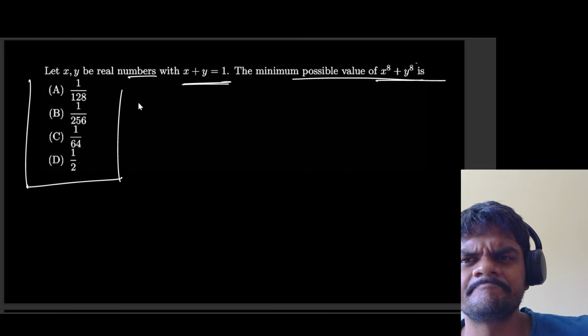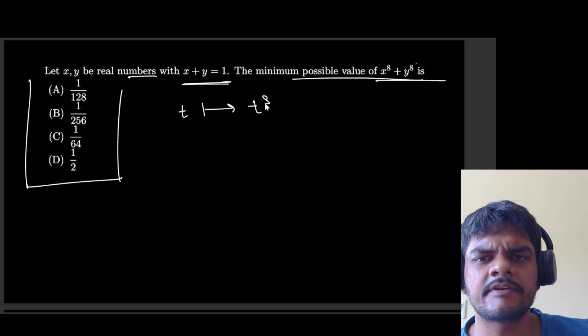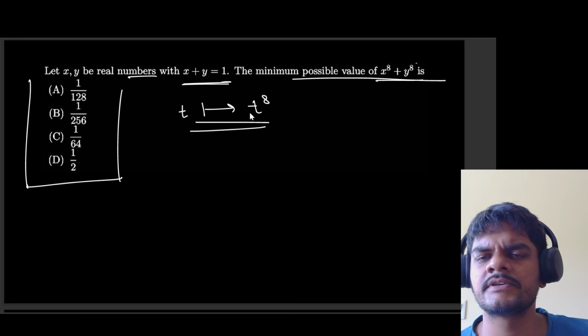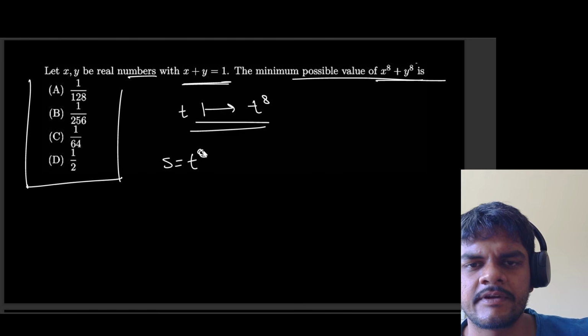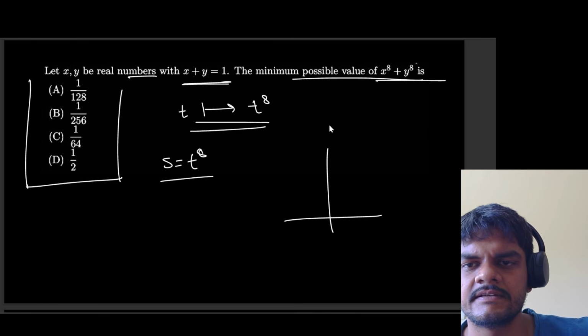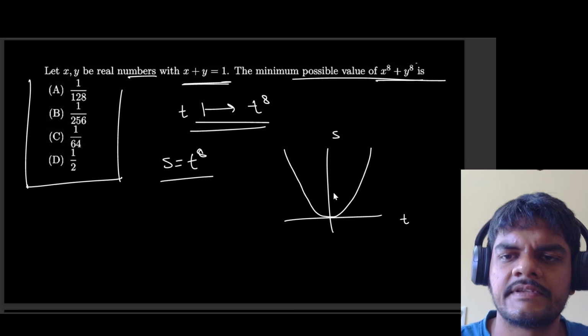So here I think we have to look at the function t goes to t power 8, right? How does the function's graph look like? If you take s is equal to t power 8, s and t like this, it will be a convex thing.